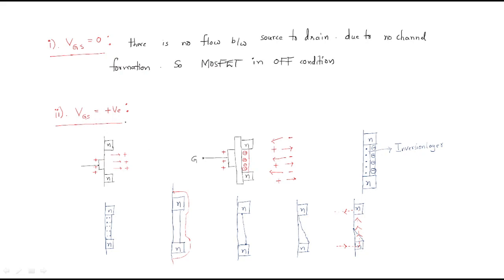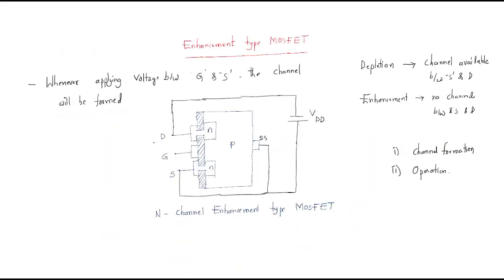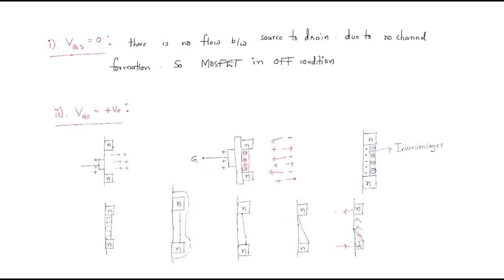The next point, if VGS is positive. For example, we are giving a positive voltage VGS. What happened? If VGS is positive, then at the gate terminal the positive ions will be formed.